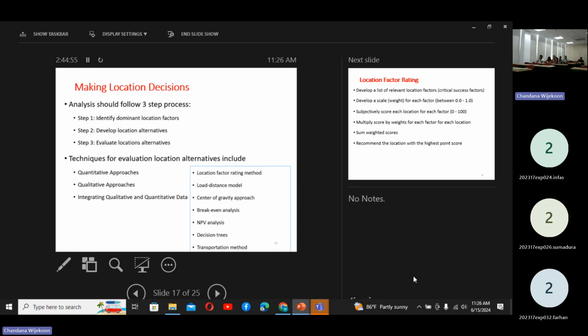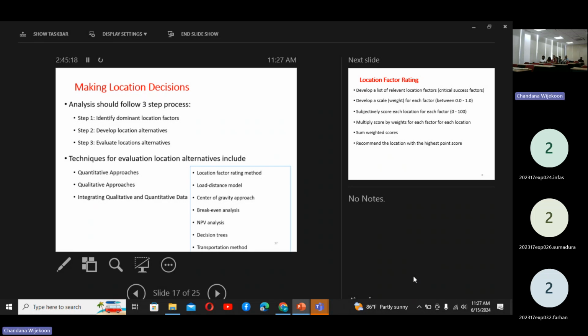This technique, I don't know whether you are aware of it, is the last point we are going to cover: the location factor rating method. It is a combination of judgments and numbers used together in decision making, and that technique is called the location factor rating method.